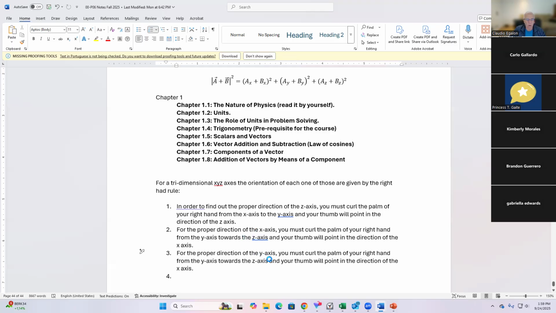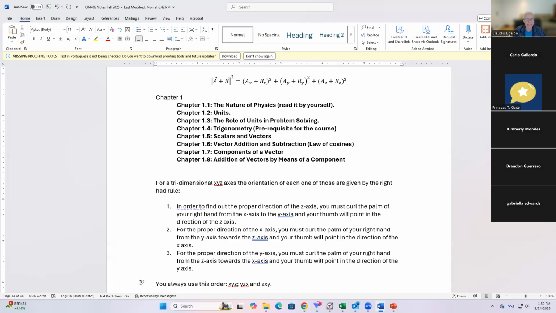For the proper direction of the y-axis, you must curl the palm of your hand from the z axis towards the x-axis. And you always use this order: x, y, z, y, z, x, and z, x, y.